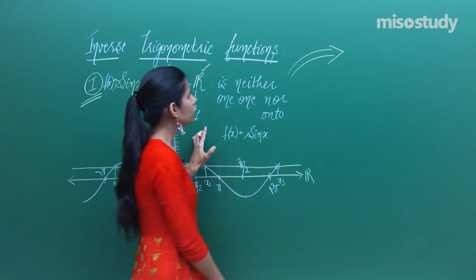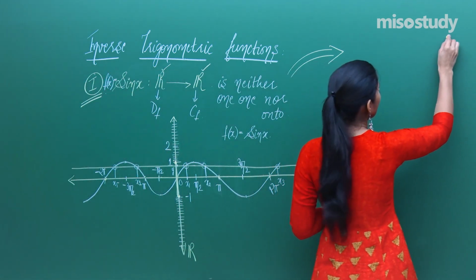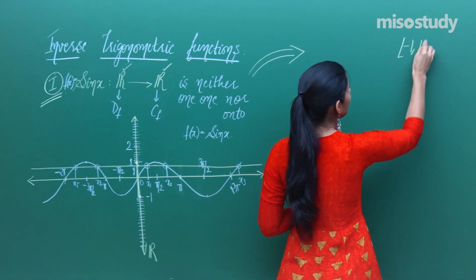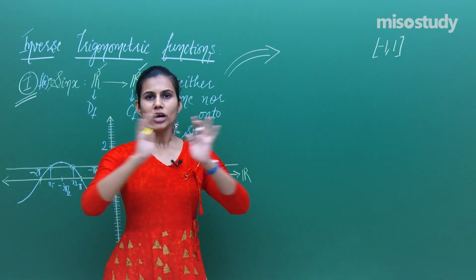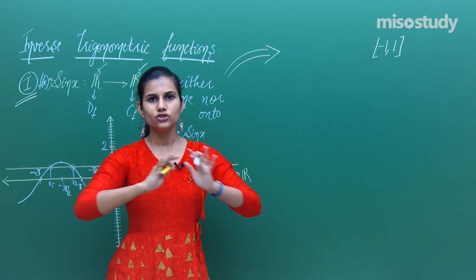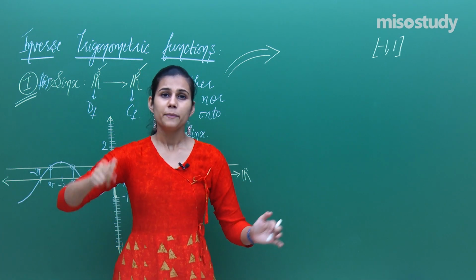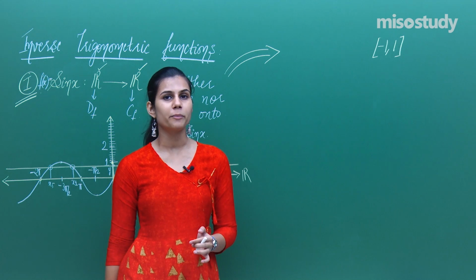So I am going to take my codomain as the -1, 1 closed interval. That is it. I am chucking out all the members before -1 and beyond 1, because they are hindering my sine function from becoming onto.